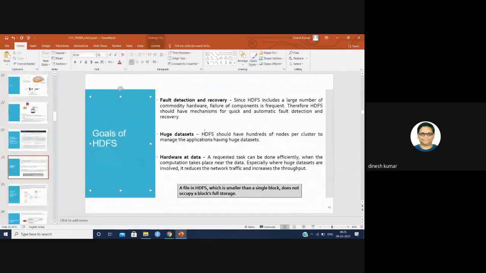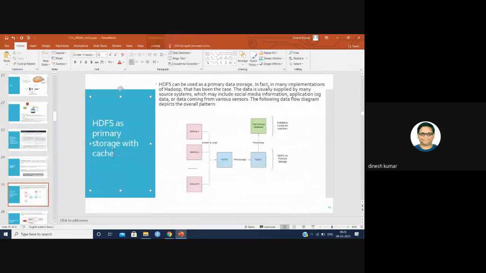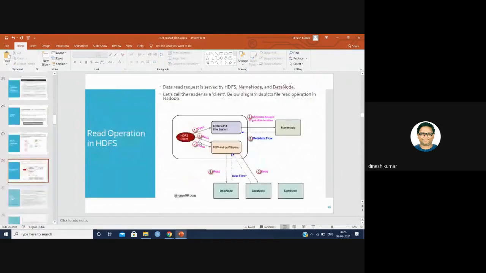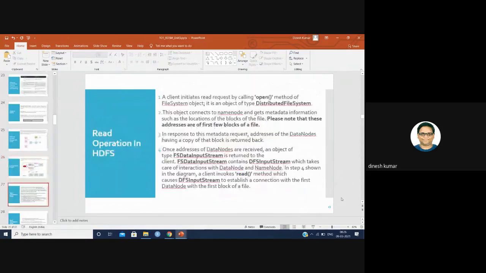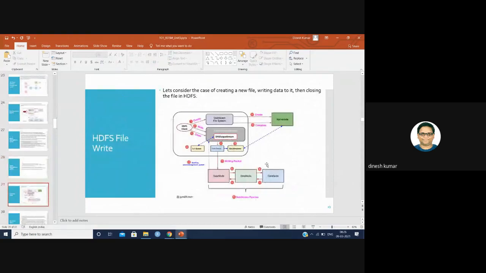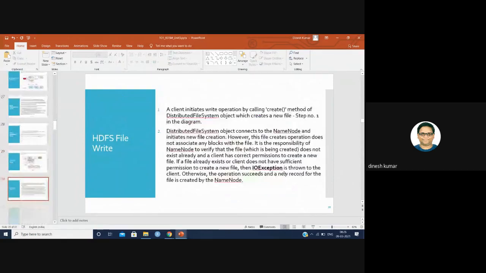Goal of HDFS, we have seen HDFS as a primary storage with cache, and read operation in HDFS, how the reading operation is done, how the writing operation is done step by step with all the flow. We have seen these. Okay.